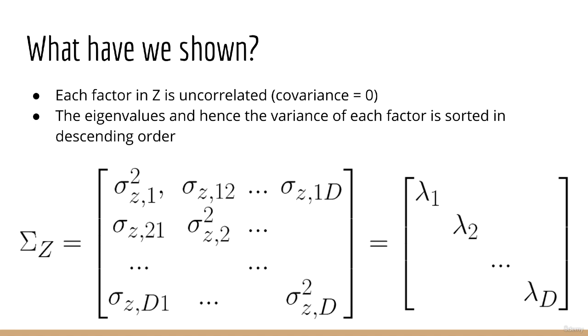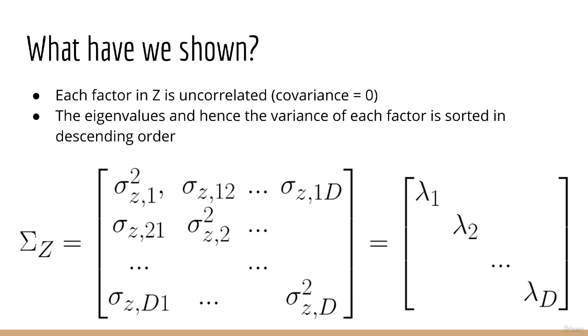Furthermore, remember that we sort of arbitrarily decided to sort the eigenvalues in descending order. So the eigenvalues are sorted from biggest to smallest. But what do these eigenvalues represent? Well, these are the variances of each factor in Z. So lambda 1 is really the variance of factor 1. Lambda 2 is really the variance of factor 2.